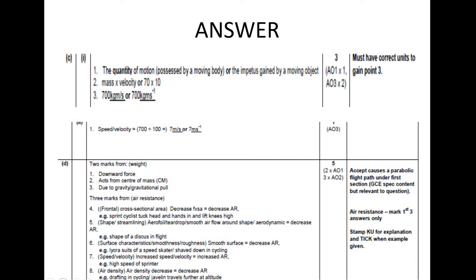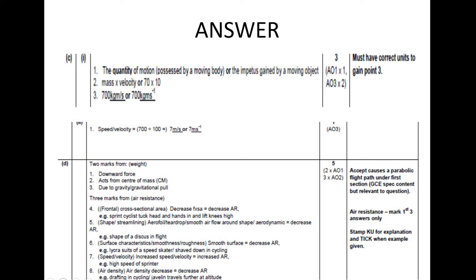And the final one is air density. A decrease in air density will decrease the air resistance, because there's less air to resist, if that makes sense. So for example, drafting in cycling: that is when a cyclist rides very closely behind another cyclist, because of the way the airflow moves, there's less airflow hitting the cyclist behind, and therefore they have less air resistance and can actually gain a bit of speed.